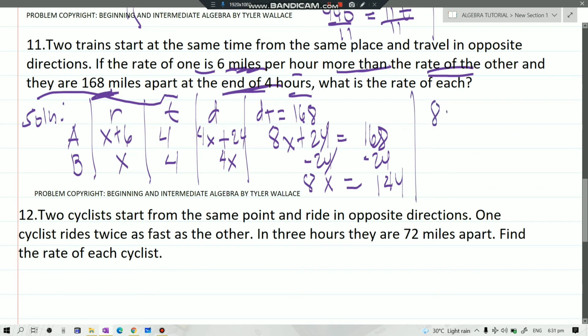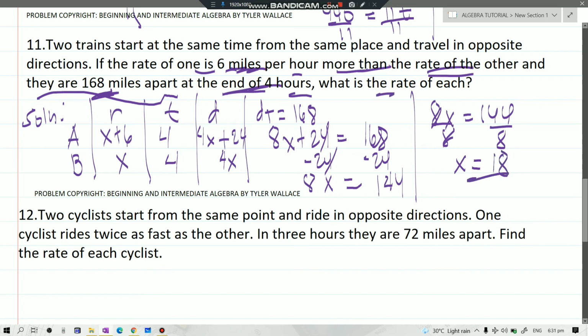And dividing both sides by 8, you will get x is equals to 144 divided by 8, that is equals to 18. Okay? So, x natin is 18.